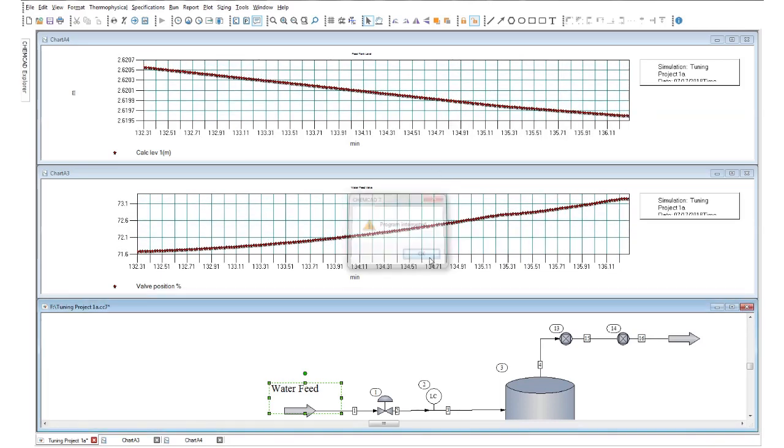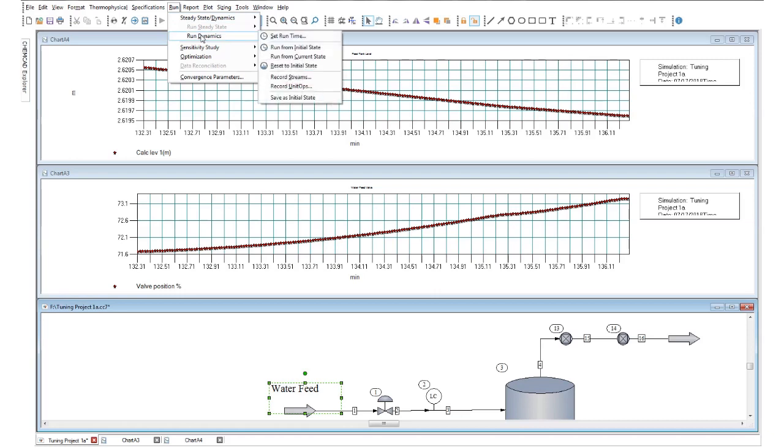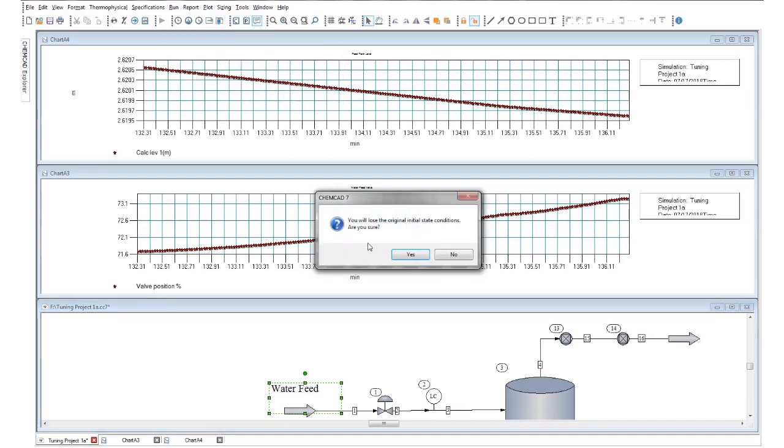So I'll pause that. I now have a process where I tuned my water feed valve. What I'm going to do next is this. Under the run menu, I'm going to go to the dynamics and save this as the initial state.